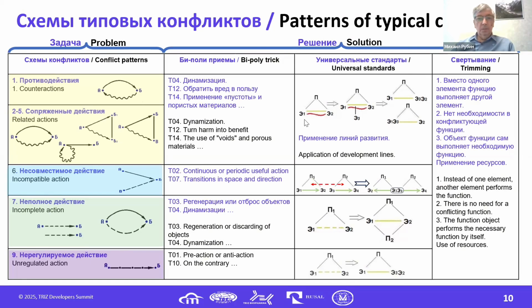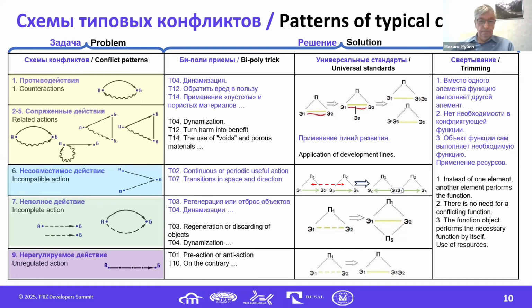How did we do that? And again, these complex standards include two parts, universal standards and trimming, bipolar universal standards and trimming. So for each type of the conflict, we have a set of typical approaches or principles. We also have universal standards or recommended element field pool.